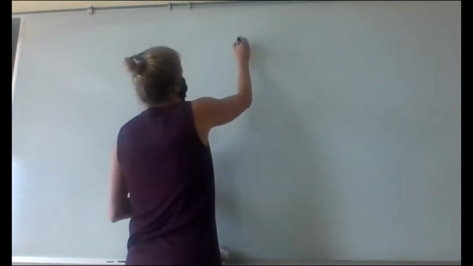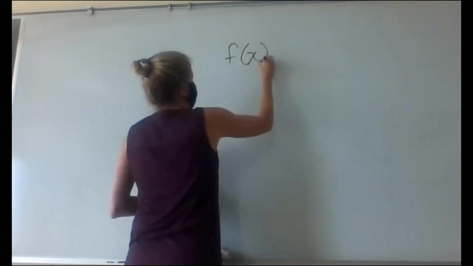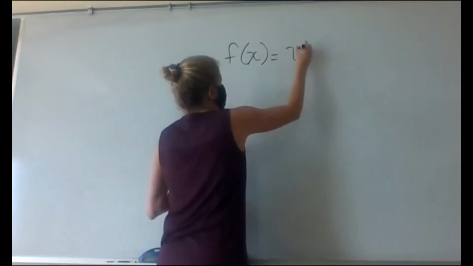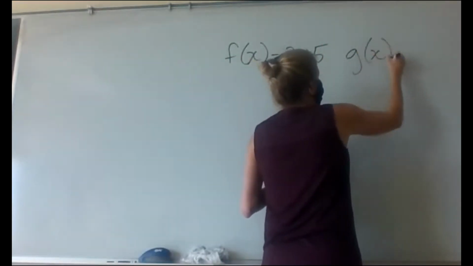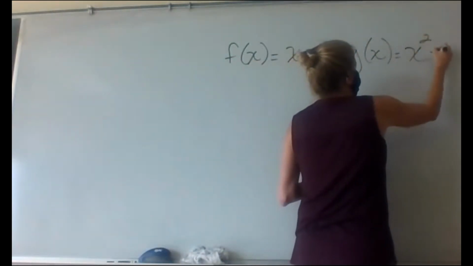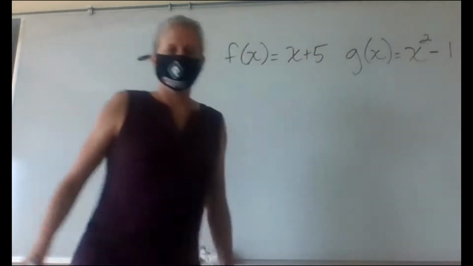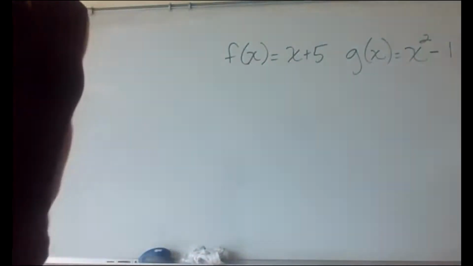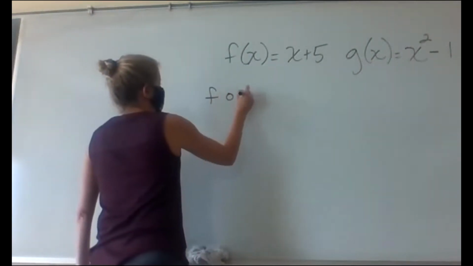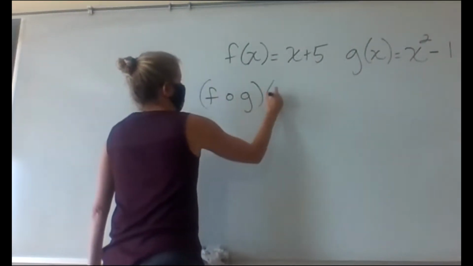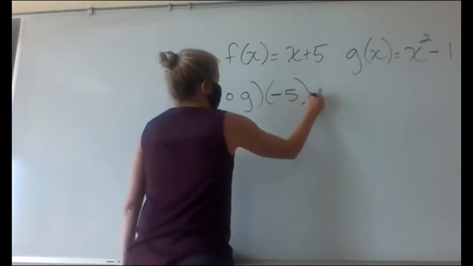It would have given us two functions, usually an f of x equals x plus 5 and a g of x equals something like x squared minus 1. And then it would say find f of g of negative 5.